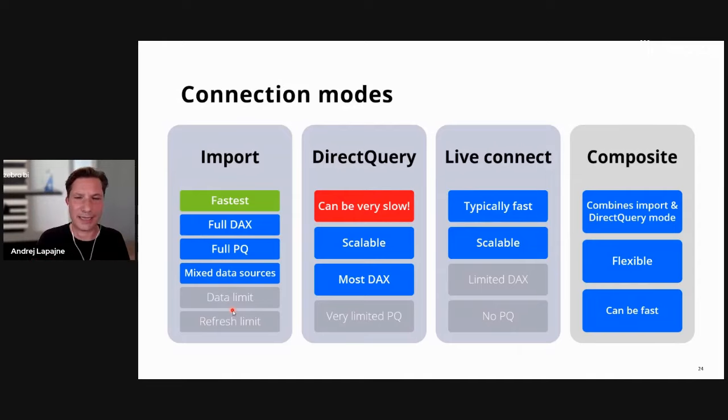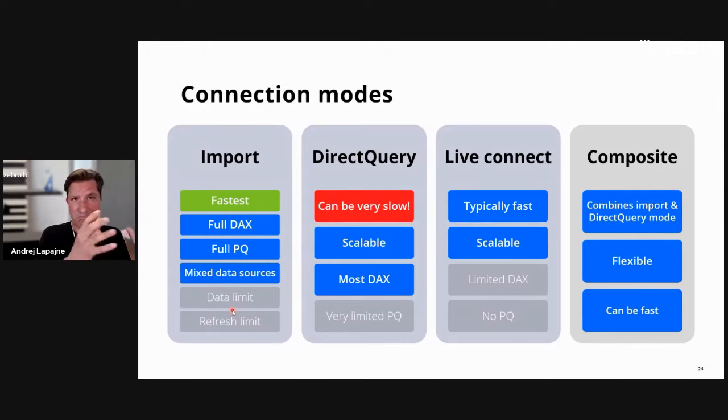It's an in-memory database that compresses columns and so on. It's a columnar store type, or tabular, database that works extremely fast in memory. So this is always the fastest mode.